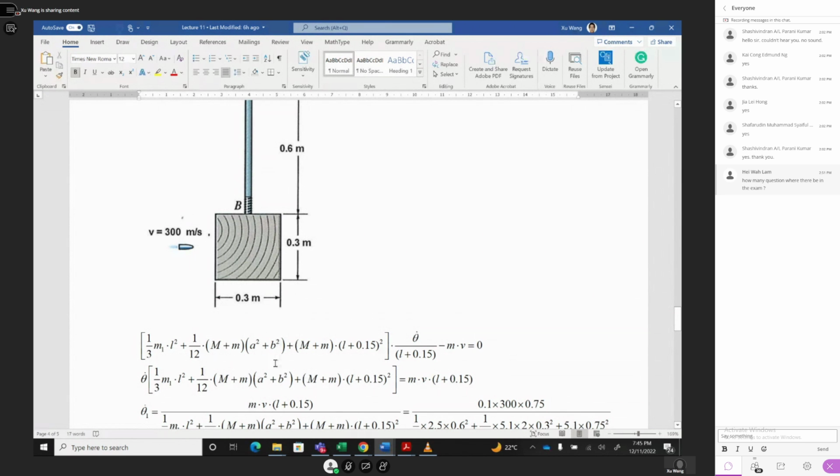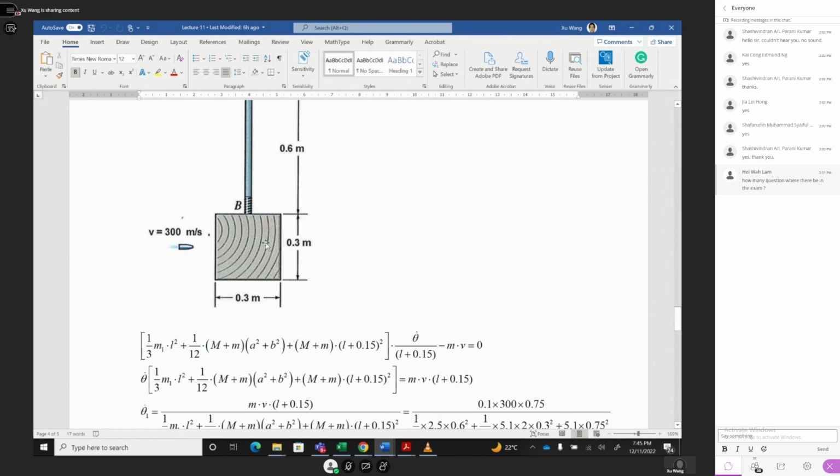This direction gives a square, this direction gives b square, and the sum is the central rotational inertia.